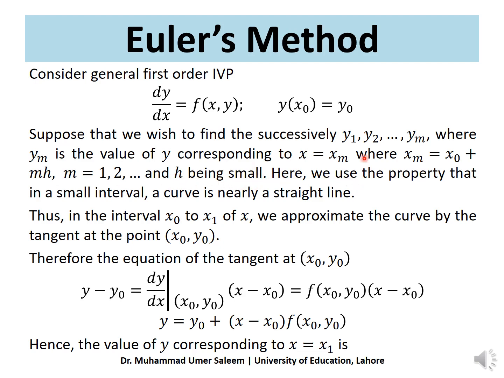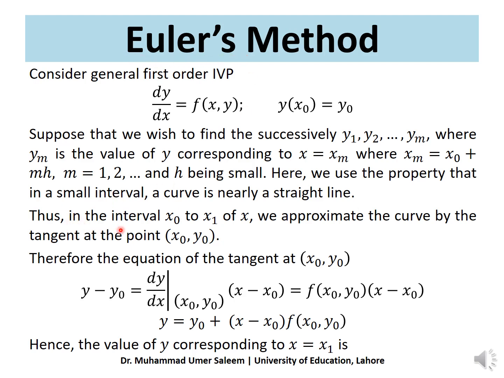Here, in the case of the Euler method, we use the property that in a small interval a curve is nearly a straight line. So we'll be approximating the solution curve with the help of straight lines. This is actually the main theme in the Euler method.